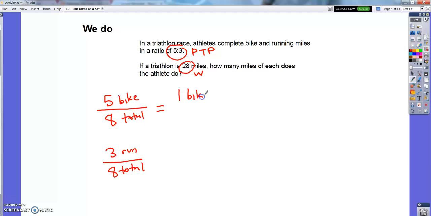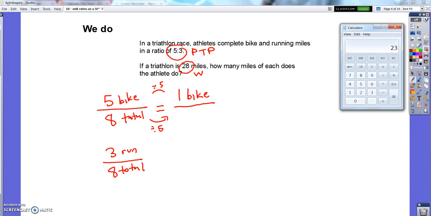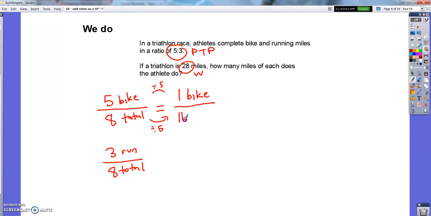So for every mile that I bike, I am doing a total of 8 divided by 5, 1 6/10 total miles. So every time I bike a mile, I'm doing this many total miles.